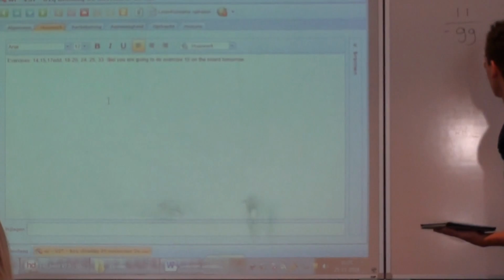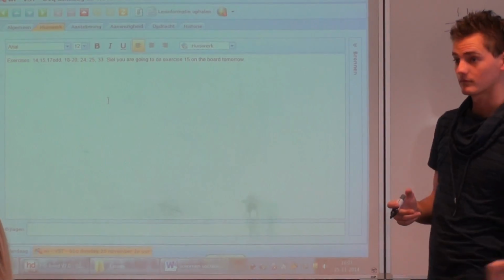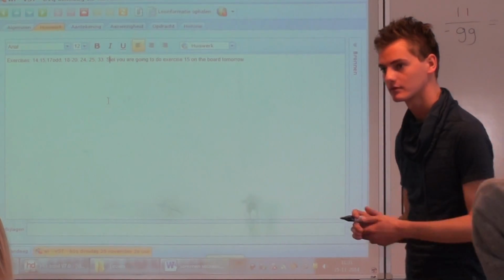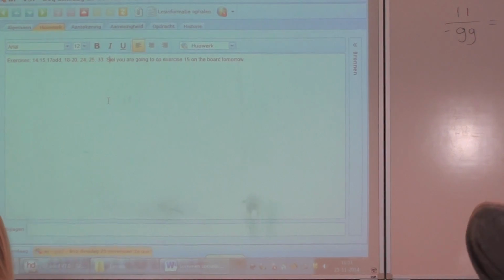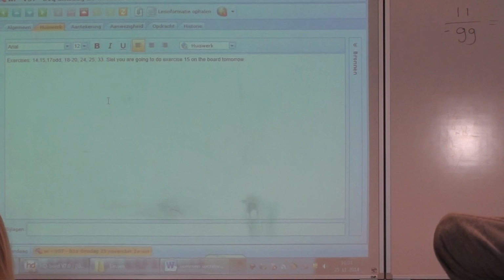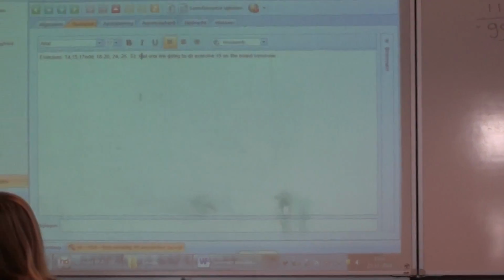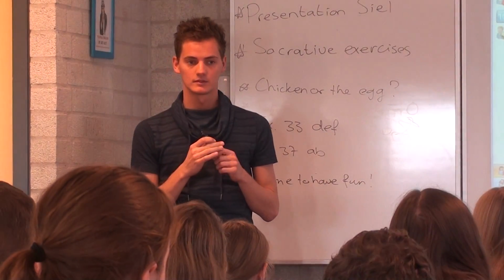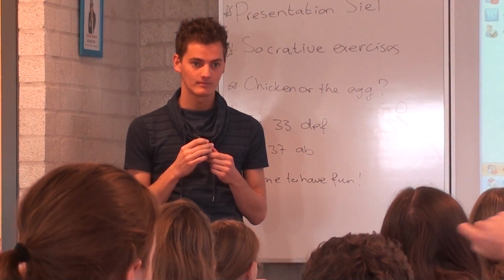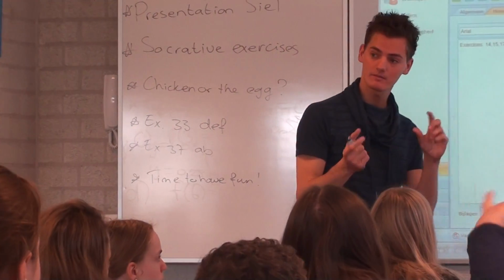So what will I get? I will get negative what? Only a fraction. I can simplify it. By simplifying it, I can divide numerator and denominator by the same number. By which number can I divide? 11 and 99, I can divide them by the same number.